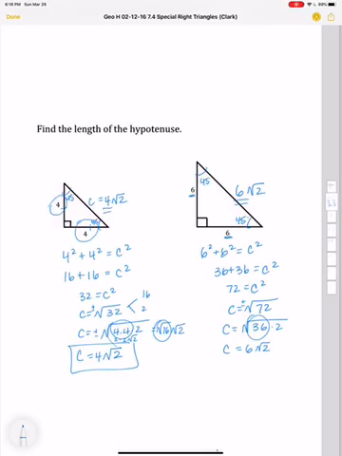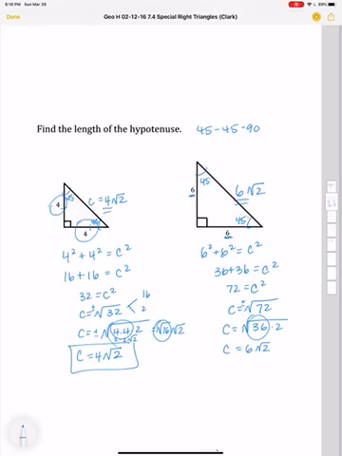Well, if the sides are the same, then the angles opposite are the same also, because the only way for that to form the same size is if the angle's the same. So because we have a 45, 45, 90 right triangle, every time the leg was 4, the hypotenuse was 4 times the square root of 2.